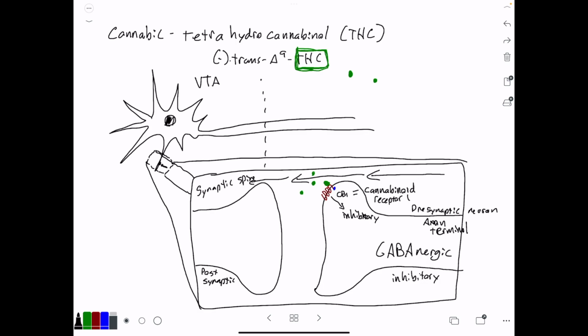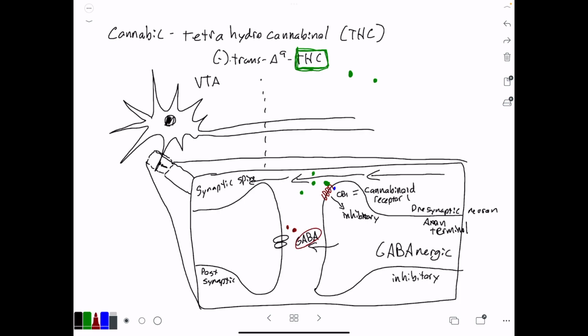Because that's what GABA does. GABA is released, and it causes inhibitory signals. We'll make GABA red here.